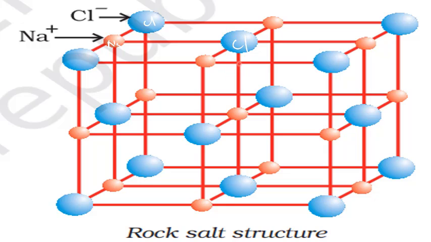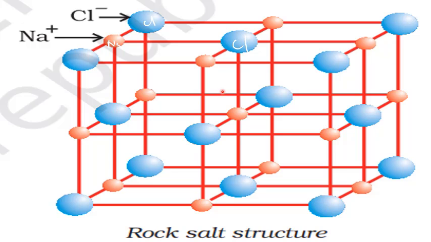Therefore each chloride ion is attracted by 6 sodium ions. Similarly, each sodium ion is attracted by 6 chloride ions. So, a large number of positively charged ions and negatively charged ions attract each other in 3 dimensions.